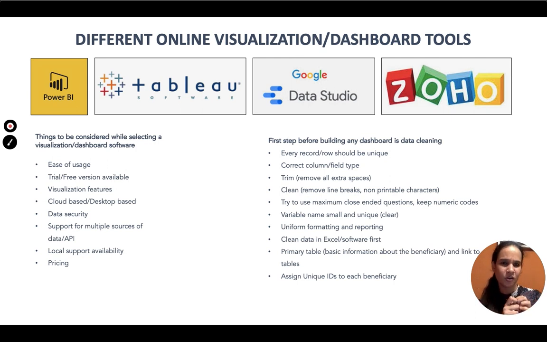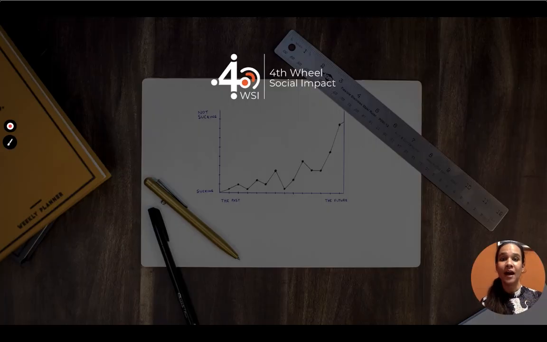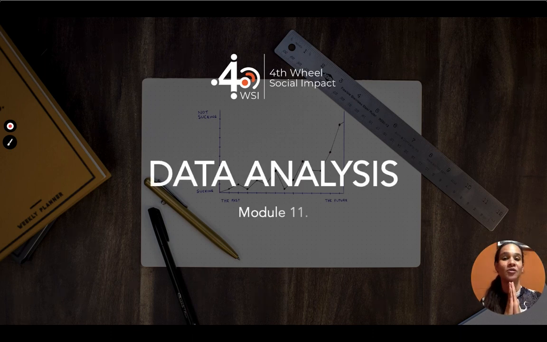Use maximum close-ended questions for your dashboard so that it's easier to visualize more quantitative information. And of course, assign unique IDs, because you'll need that to track over time. So I'm not going to be spending too much time on data cleaning here. We're going to do that in the next module. And this very well brings us into the next module of data analysis and data cleaning.